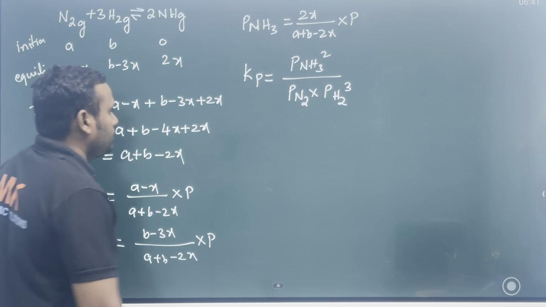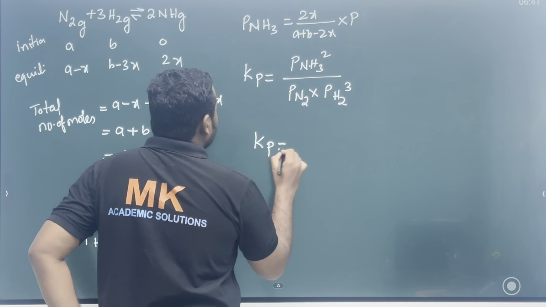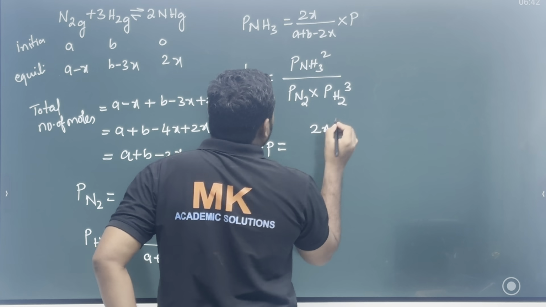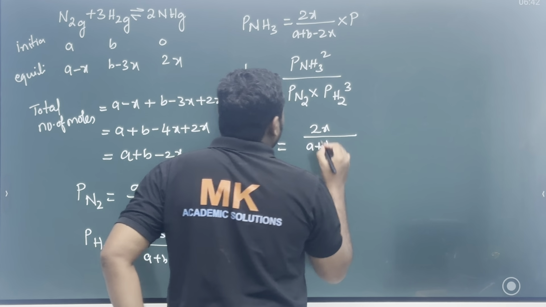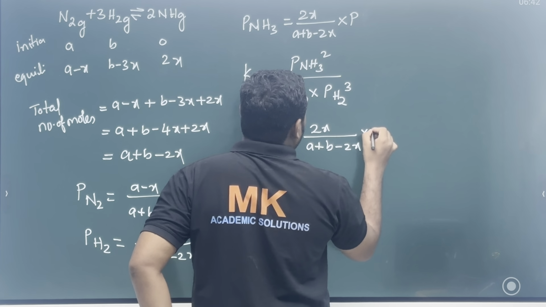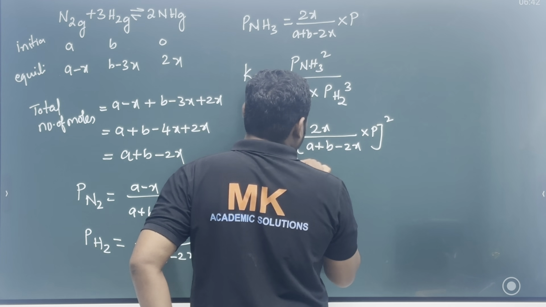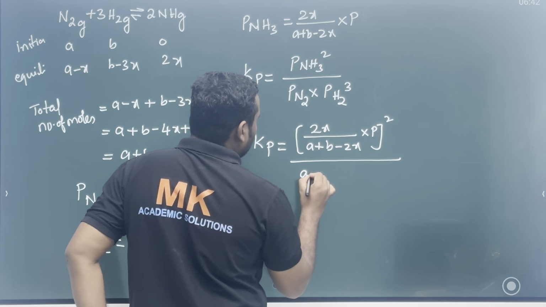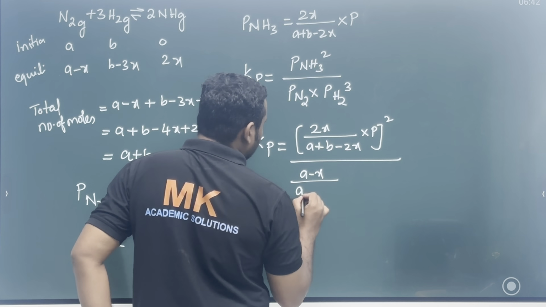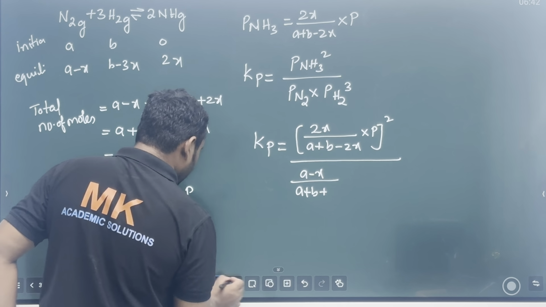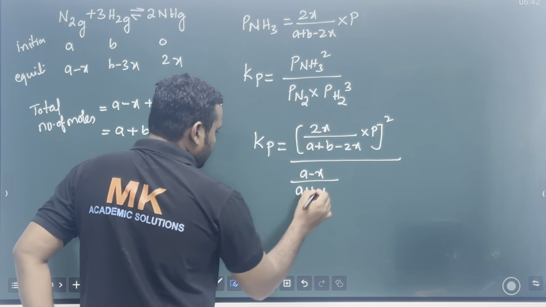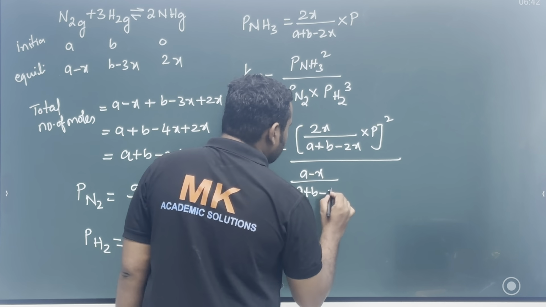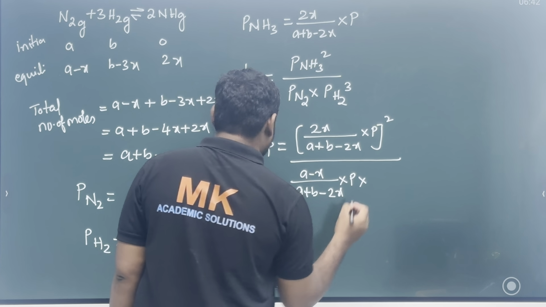So now Kp is equal to partial pressure of NH3 square, that is 2x by A plus B minus 2x into P whole square, by partial pressure of N2, that is A minus x by A plus B minus 2x into P, into partial pressure of H2.